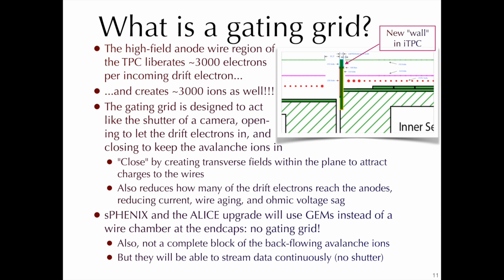Additionally, all of this charge that comes to the anode wires creates something called wire aging. And wire aging is a bit of a complicated topic. Essentially, impurities in the gas of the TPC build up on the wire when large charges accumulate on the wires. I think the word we like to think of it as is dirt on the wire, these impurities forming chemical compounds on the surface of the wire.